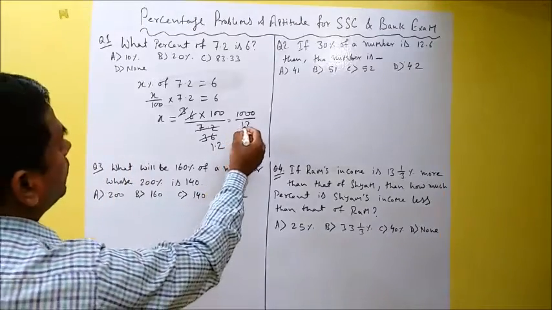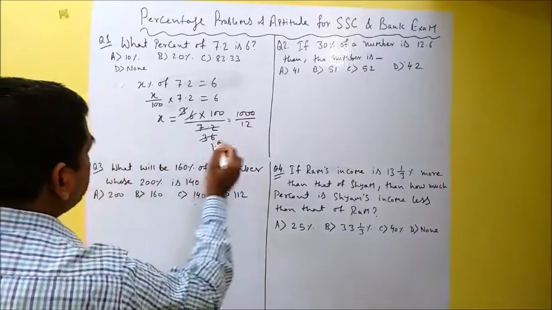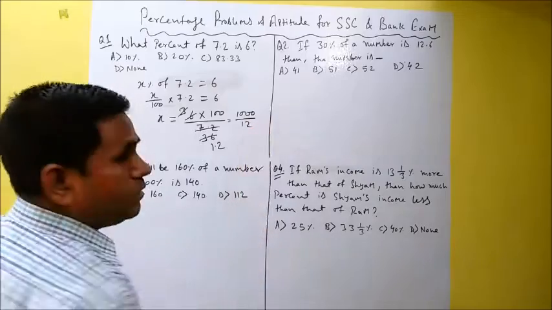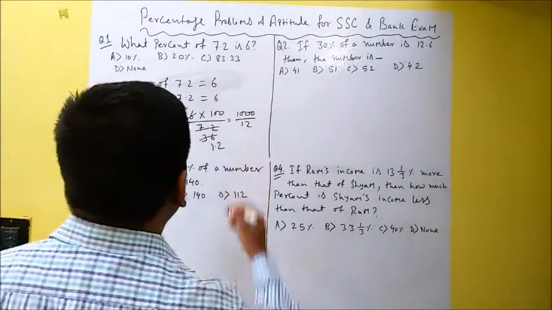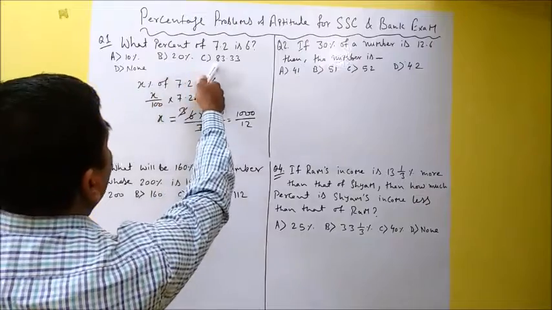And if we want to divide this further, we can cancel, or we can directly divide to see what comes up here.